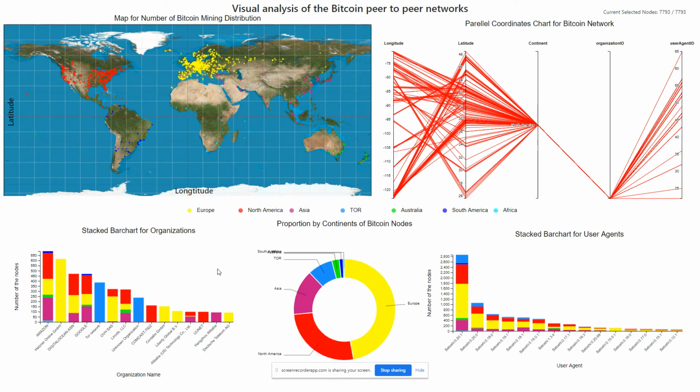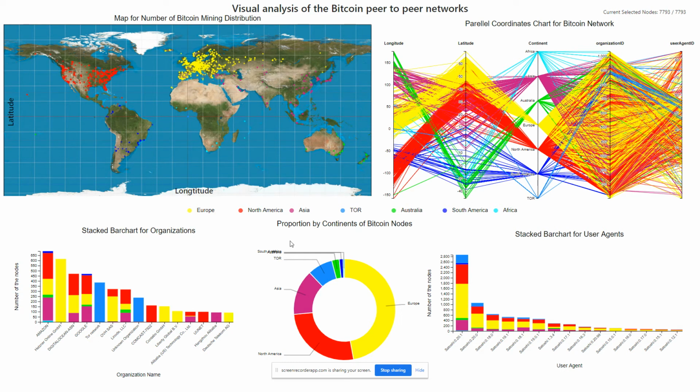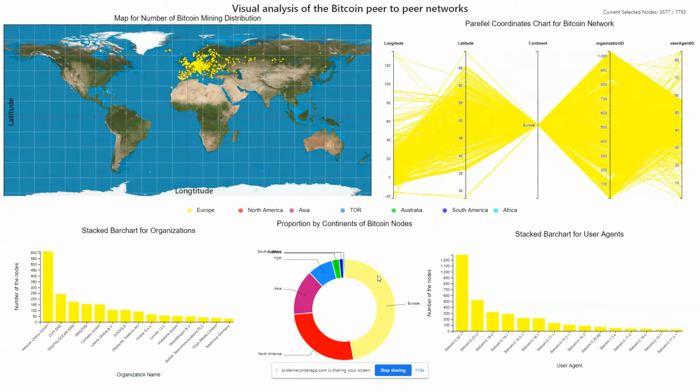And now we can move to our pie chart. It can give you a really good sense of how many nodes are in different continents. Now, if we hover over the Europe side, we can also see the largest corporation in Europe is without doubt Hetzner Online. If you look at the top right corner, Europe accounts for 3,600, basically almost half of the entire network.